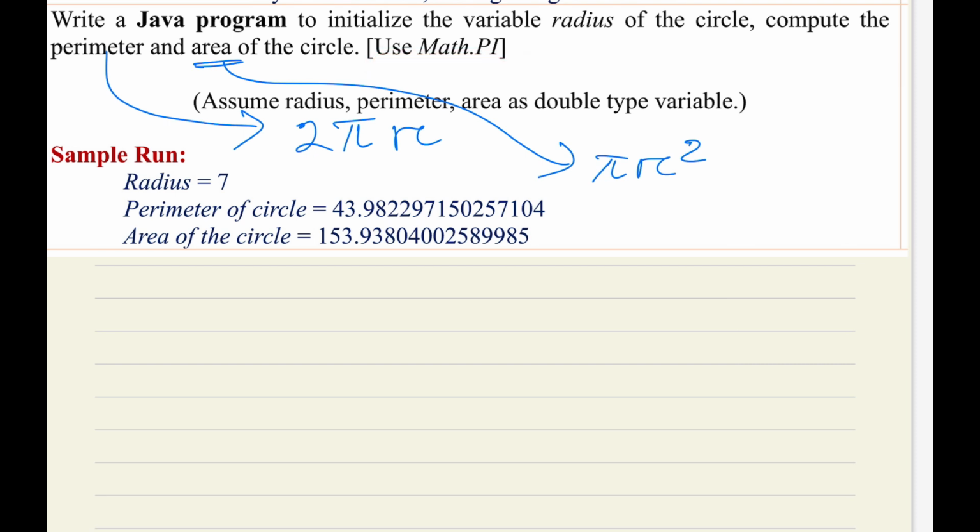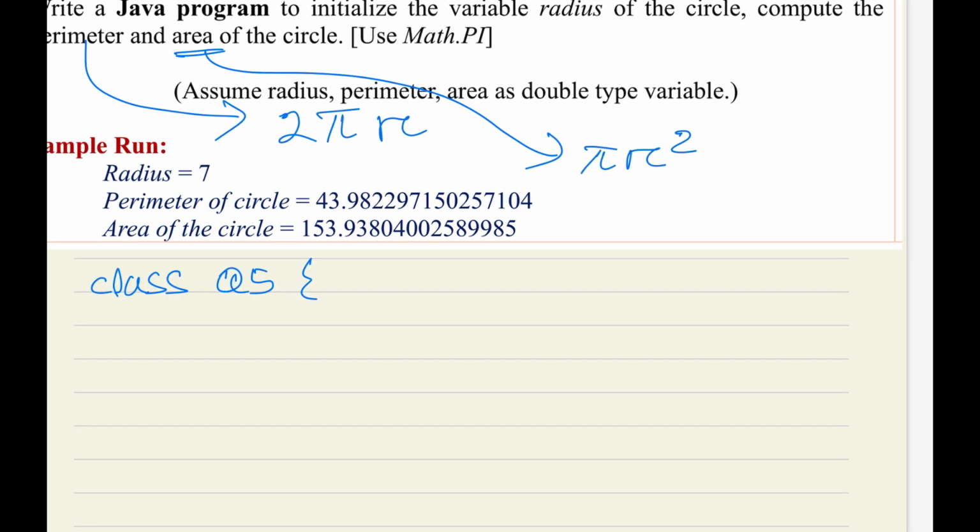So in place of pi we have to use Math.PI. So we can write the complete program according to the formula and compute perimeter and area. For that we can simply write class, and as it is question 5, assume the class name is Q5, or you can give any class name.